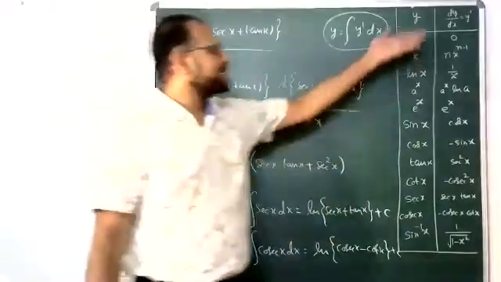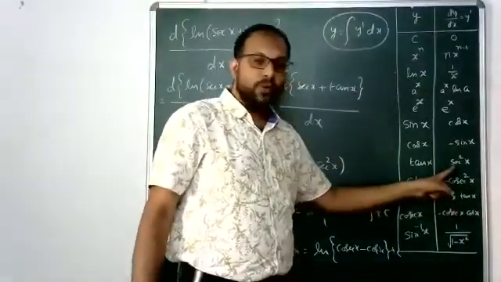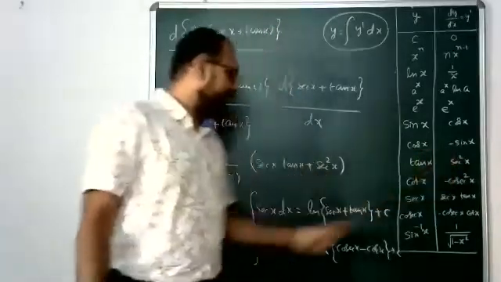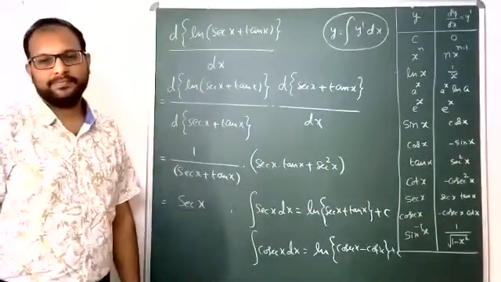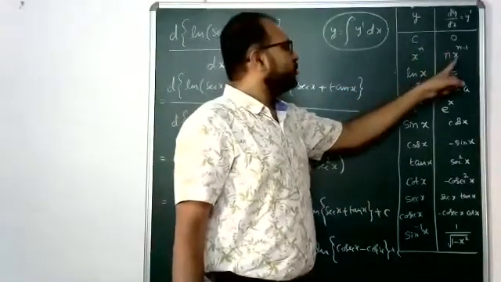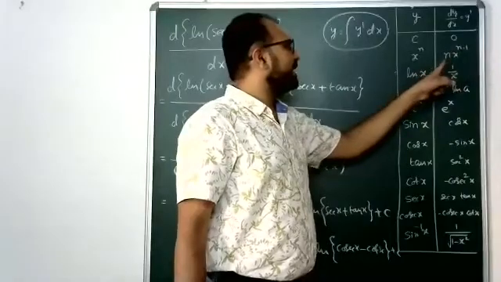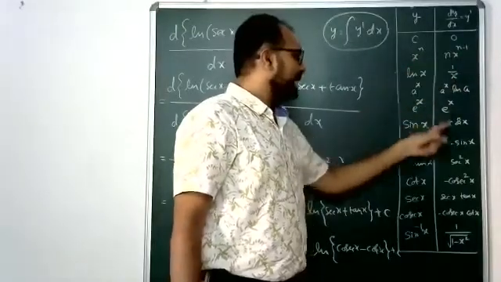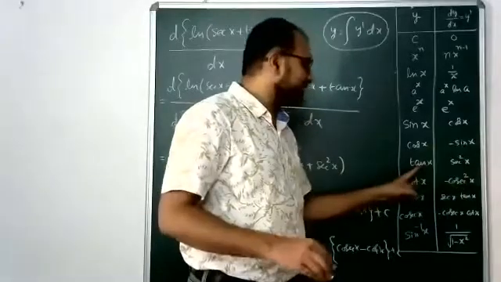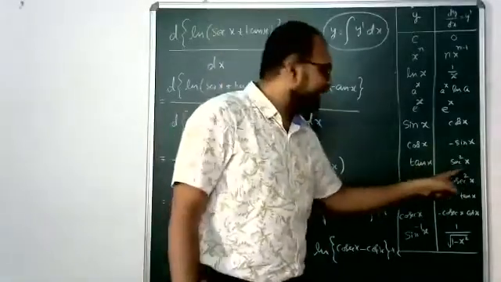So now from this table, secant square x is there. That's why secant x was missed. That's why here I explained secant x. Zero integration. See, n into x to the power of n minus 1 by integral x to the power of n. Like that. Here the integral of secant square x is tan x. But secant x is not there.